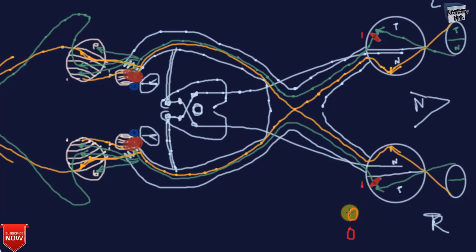Then you can see that this will lead to the nasal area, your right nasal area. There will be a blind spot found over here at the right nasal area.